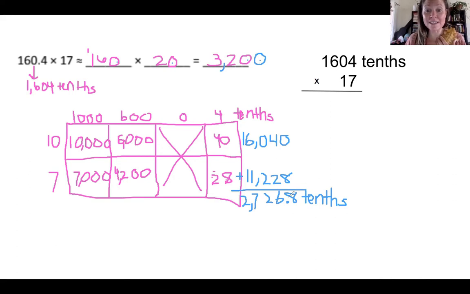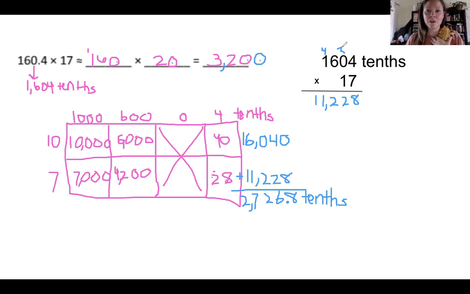We're hopefully going to come up with the same partial products and the same answer. 4 times 7 is 28. 7 times 0 is 0 plus 2 is 2. 7 times 6 is 42. 7 times 1 is 7, plus 4 is 11. And I have the same partial product, 11,228 tenths.